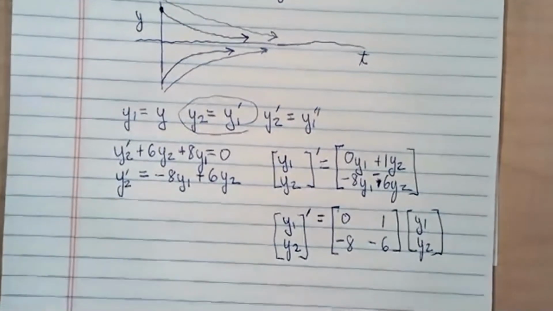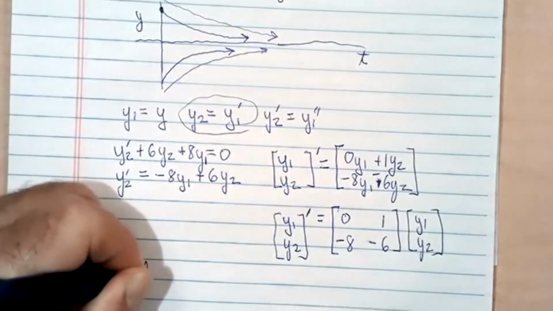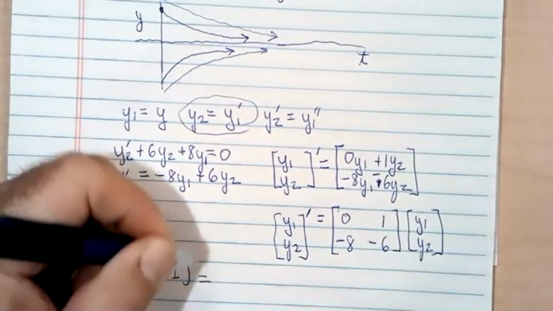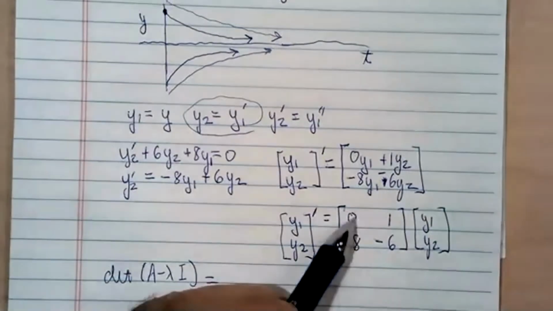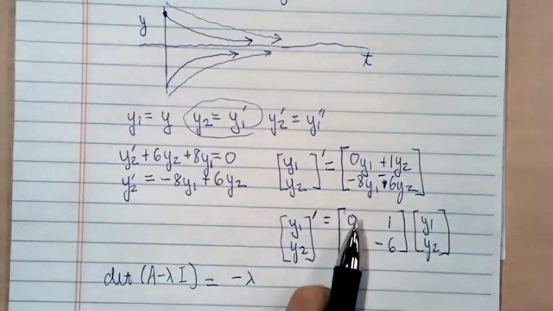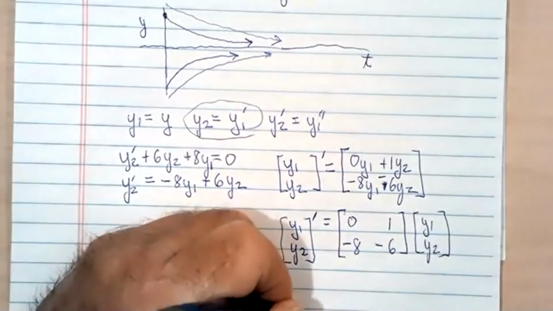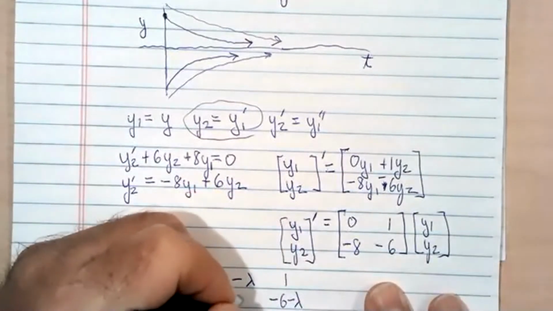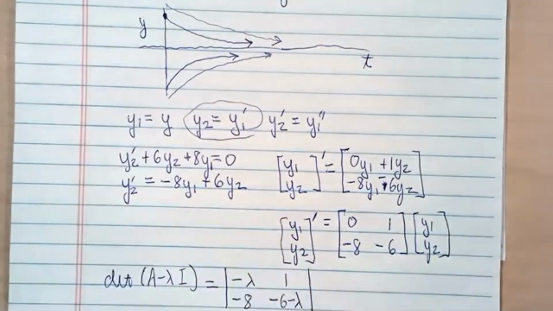Okay, now the way we solved this last time was that we compute the determinant of A minus lambda I, which means, roughly speaking, that you look at this matrix here, you subtract lambda down the main diagonal. So 0 minus lambda is here, minus 6 minus lambda is here. You have a 1 and a minus 8, and we're computing the determinant of that.